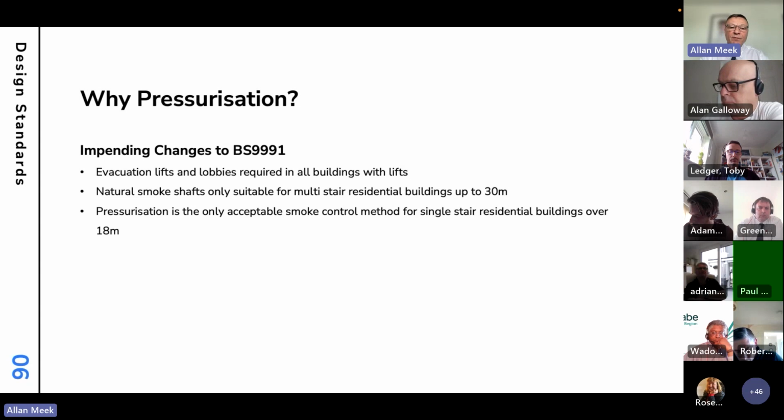Secondly, the standard recommends that natural smoke ventilation should only be used for multi-stair residential buildings up to 30 metres. And the third part is it says that pressurization is the only acceptable smoke control method for single-stair residential buildings over 18 metres. As a result, people are rapidly redesigning their buildings, adding in lift lobbies, and then adding in pressurization systems to protect them.